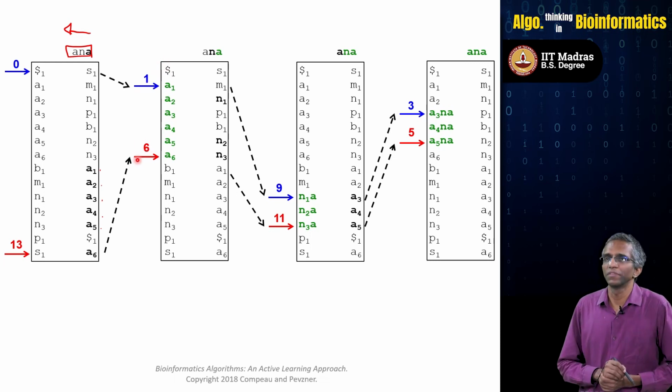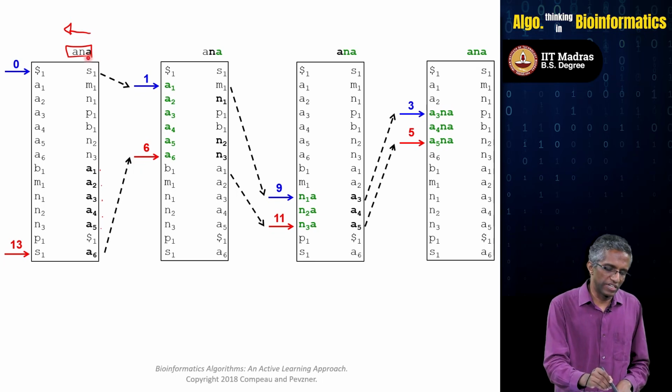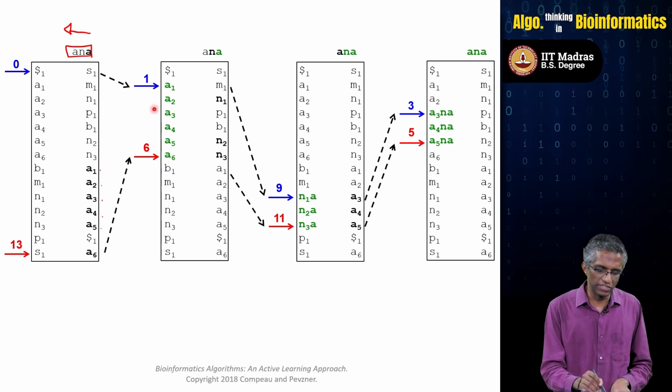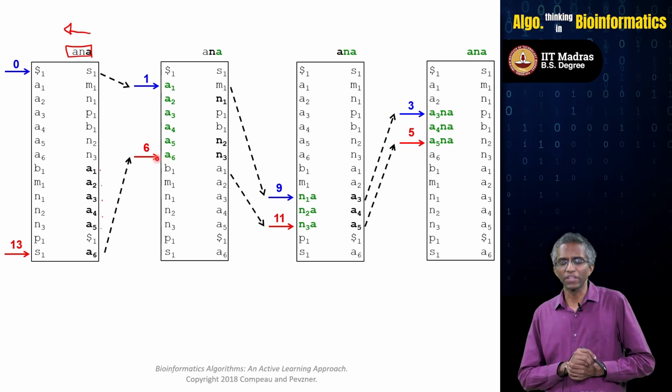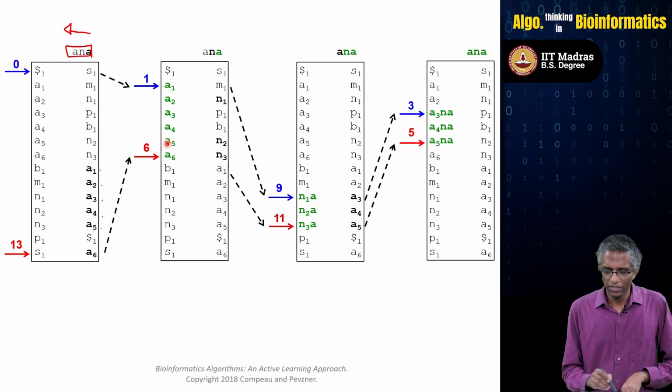I don't have to look at all the rows now, because my last letter is A, and that A hits in A1 to A6, so these are the only locations I have to look at. Now the next letter is N, so A has been matched. Now I need to look at N, and out of these 6 entries, only 3 entries in the last column have N, which is the previous letter before the first column because of the cyclic rotation, right? Only 3 of them match, and so I only have to consider those.